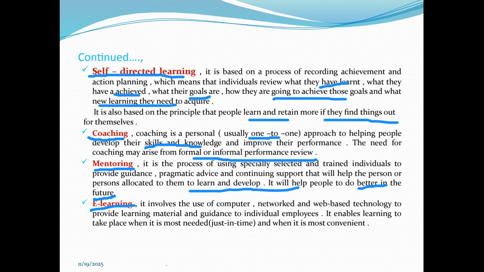E-learning involves the use of computer networks and web-based technologies to provide learning materials and guidance to individual employees. It enables learning to take place when it is most needed, just in time, and when it is most convenient. E-learning is a new concept; if anybody is familiar with Coursera, they will know what e-learning is.